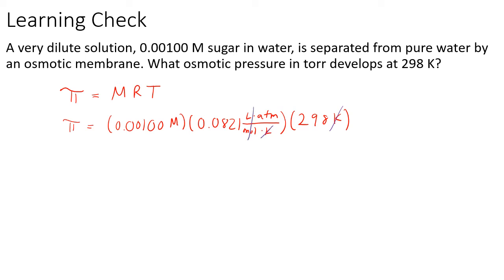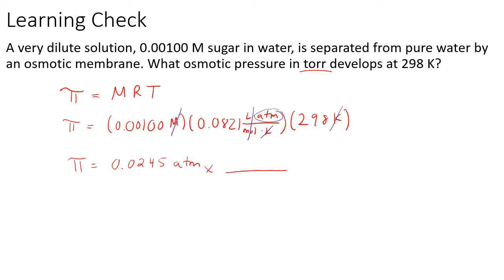Liters over moles will cancel with moles over liter, and you'll be left with atmospheres in this case. So pi should equal 0.0245 atmospheres.